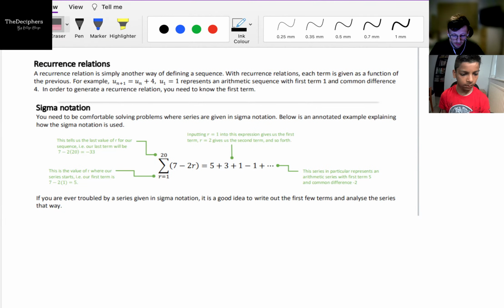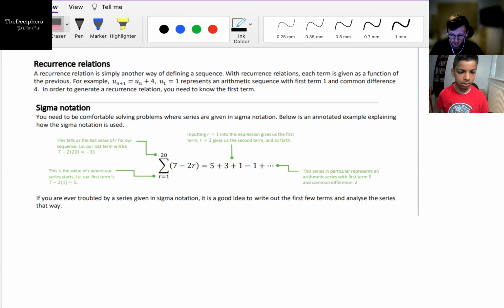Okay, and then finally the last little bit in our notes for sequence series is about sigma notation. So what do we mean by that? Sigma notation basically means sum, and it says that you need to be comfortable solving problems where series are given in sigma notation.